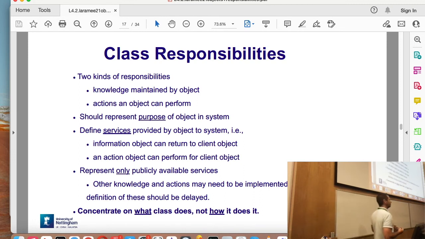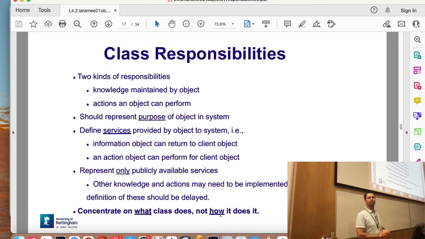If you get into an argument about how something should be done, just look at slide 17 of Bob's Objects and Responsibilities lectures. Get out that slide. We're not having an argument about how something gets done. Concentrate on what a class does, not how it does it.